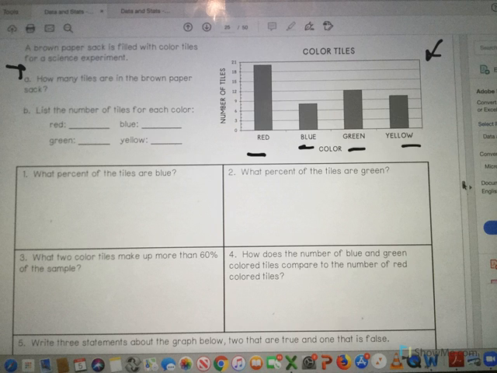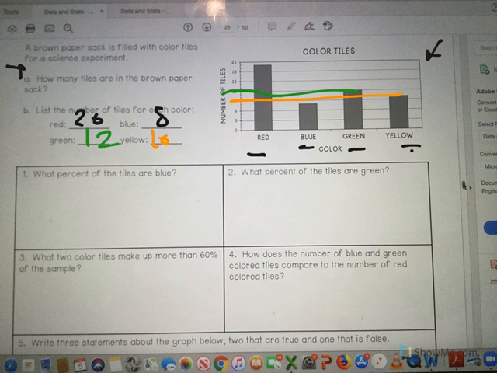So if you look, in red there are about 20. In blue, there's 8. In yellow, if I draw my line across, there's 10. I should draw a yellow line there, shouldn't I? Let's draw a line across. There's 10. In green, let's draw a green line. Oh, that wasn't green. There's my green line.